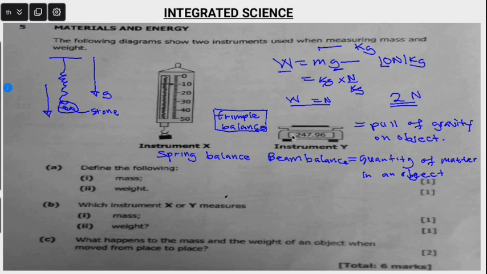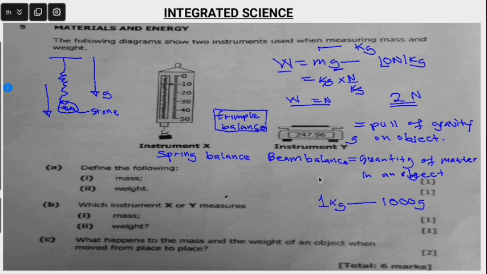Now you need to know the relationship between grams and kgs. One kg is approximately 1000 grams. We have said that mass is measured in kgs, but this instrument measures mass in grams. So how can you convert grams into kgs?